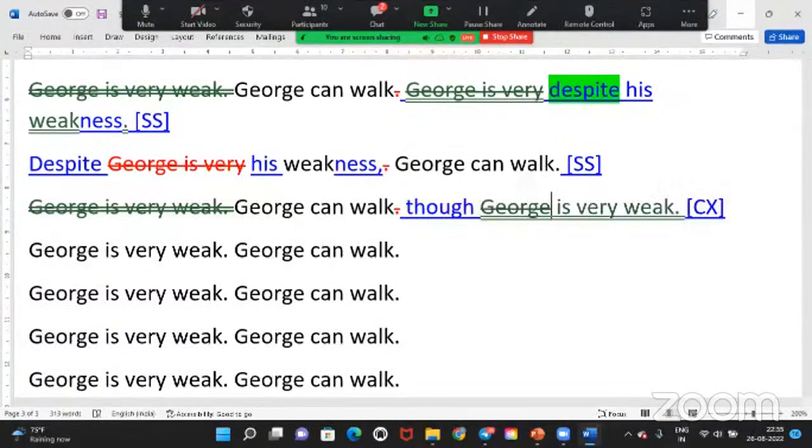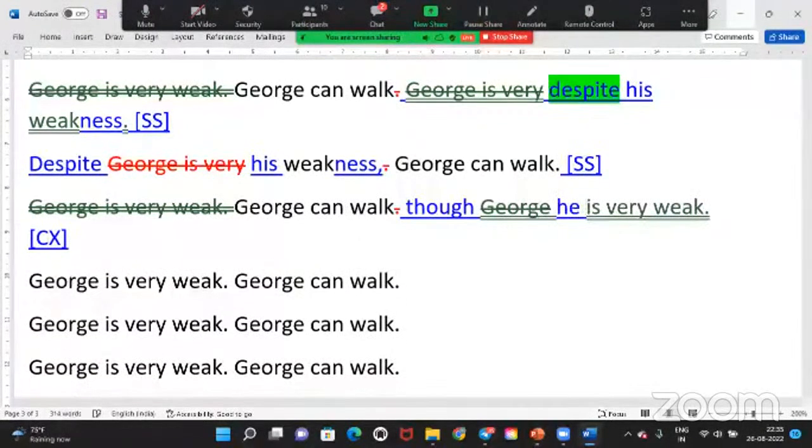Because only one time you can use George. George can walk, though he is very weak. George can walk, though he is very weak.